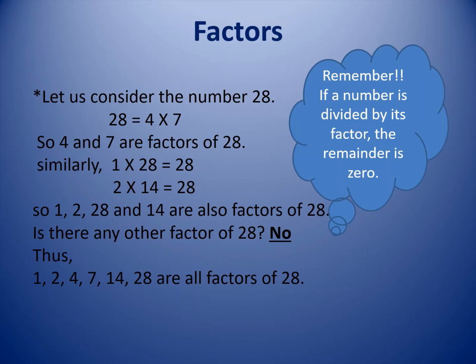Next is 2 multiply 14 is equal to 28. These are the factors. So 1, 2, 28 and 14 are the factors of 28.